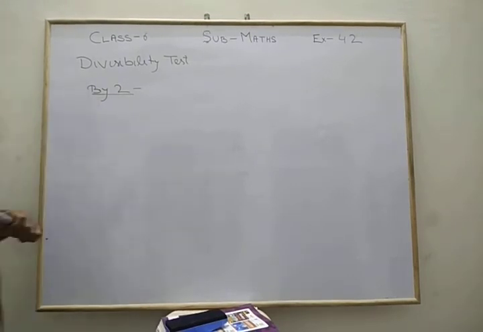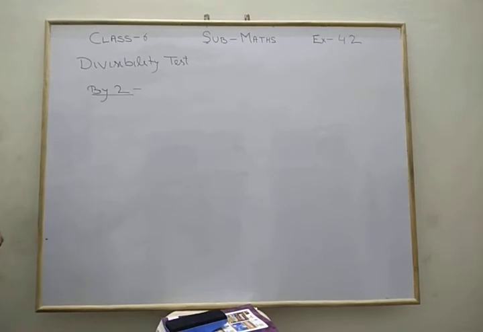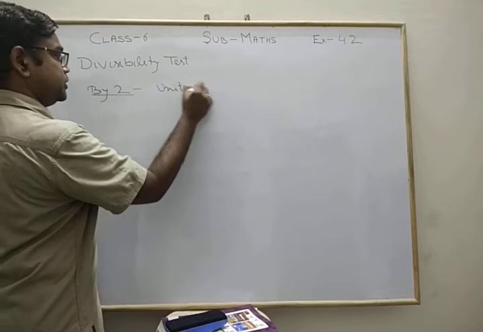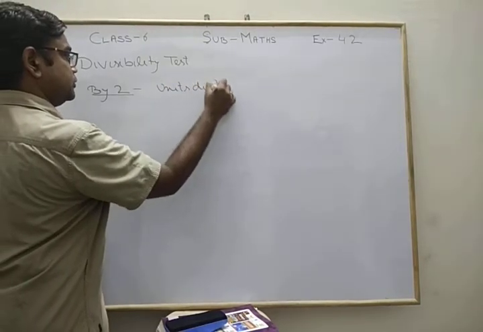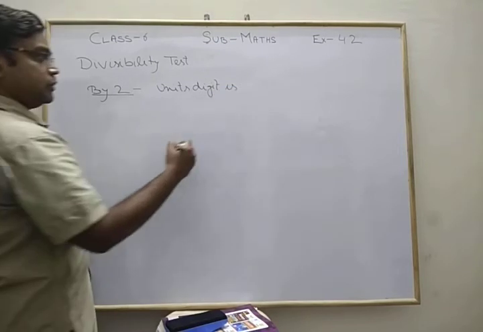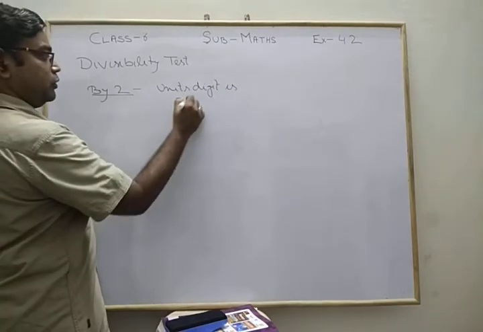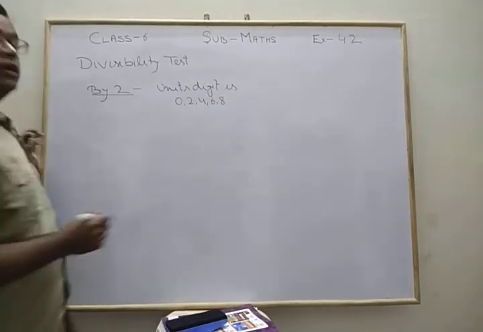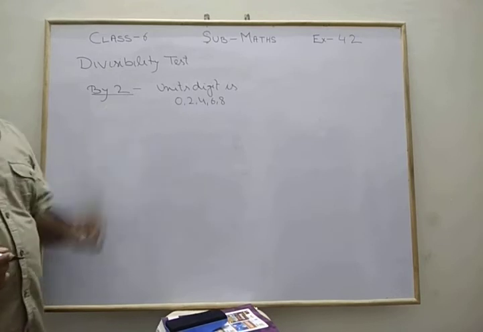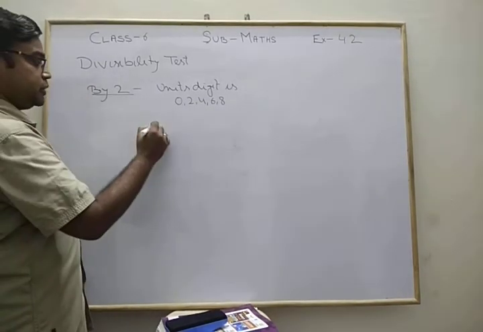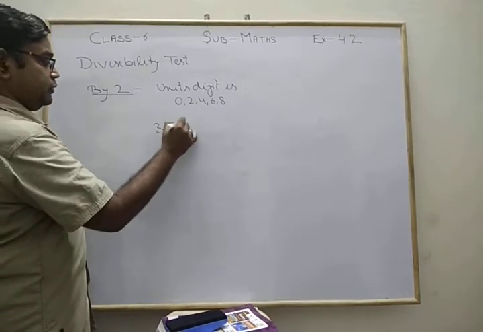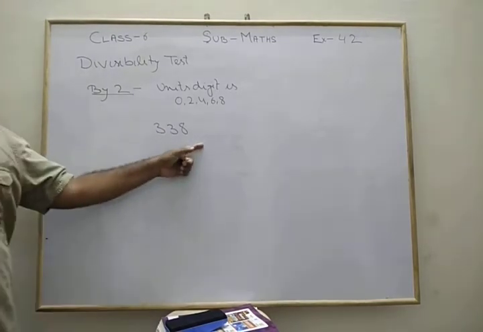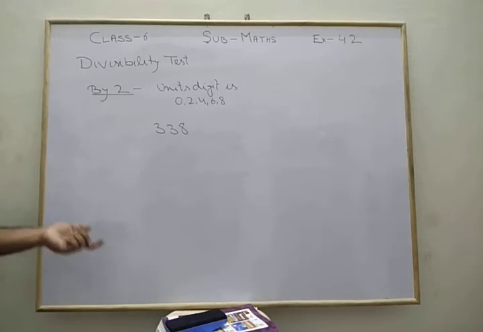Always remember, if any number's units place, or units digit, is either 0, 2, 4, 6 or 8, then the number is divisible by 2. For example, I am choosing the number 338. Is this number divisible by 2? Yes, we can easily say that it is divisible by 2.